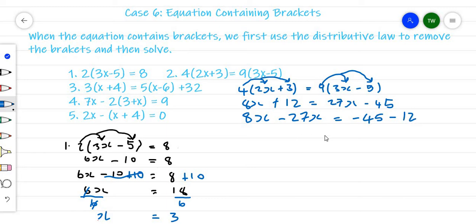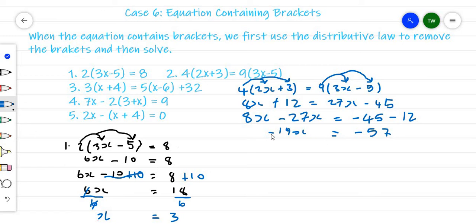Now all I can do now is to combine the like terms. So here I have positive 8x minus 27x, that's going to give me negative 19x, right? Which is equal to minus 45 minus 12, that's going to give me minus 57.